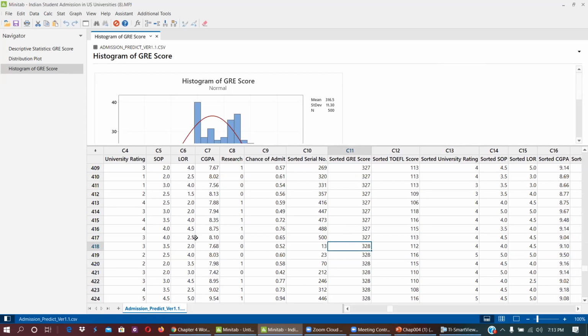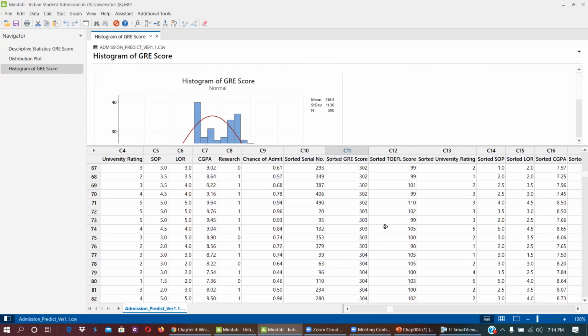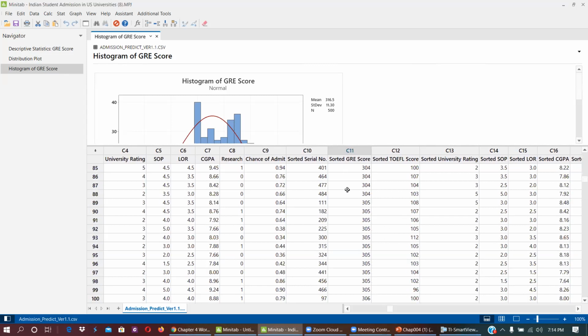So if I round up, this is going to be 83. 83 is here. And how many numbers were there earlier, at 305? 88. So 88 plus 83, how much? 171.